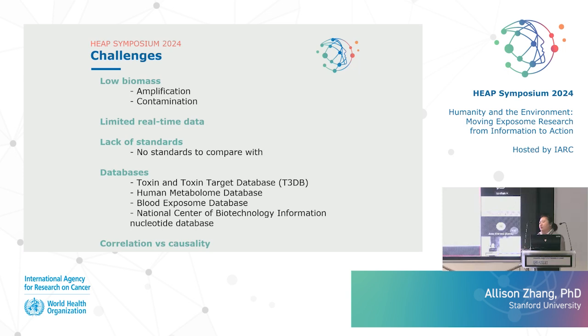That means if we want to do sequencing, the samples will need amplification. And as you all know, with amplification, you introduce some bias for the microbes. And also because of this low biomass, it's super easy to get contaminated with the environment. And number 2 of the challenges is the limited real-time data.